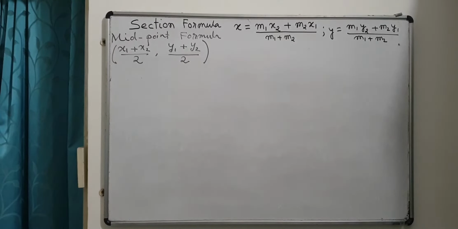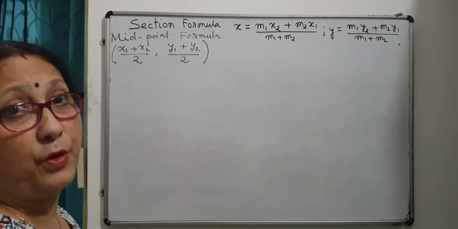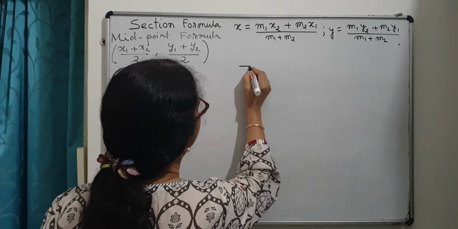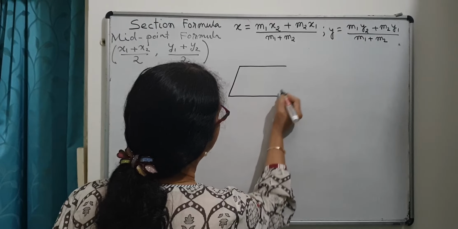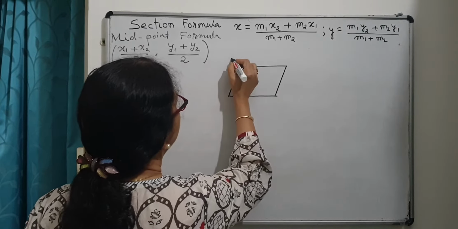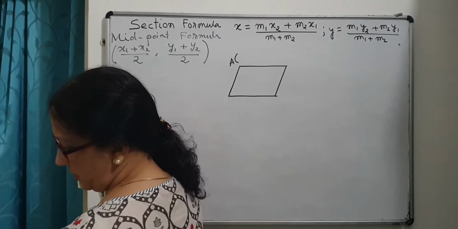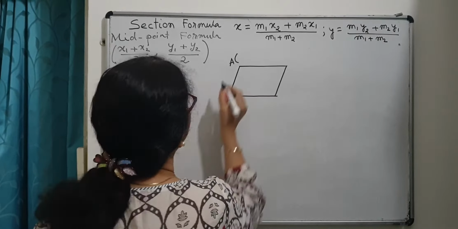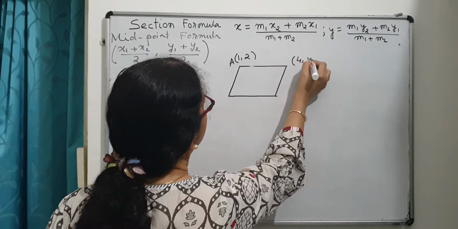Let me write down the question. What is the question? The vertices of a parallelogram are given to you. So suppose this is a parallelogram. Say A, the vertices are given in order. The vertices are given (1, 2), (4, y). So this is (1, 2), this is (4, y).